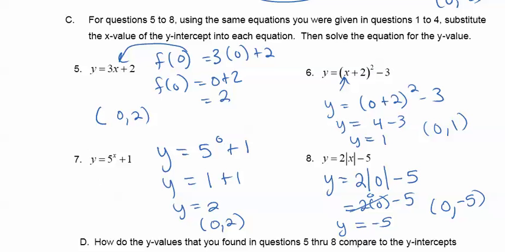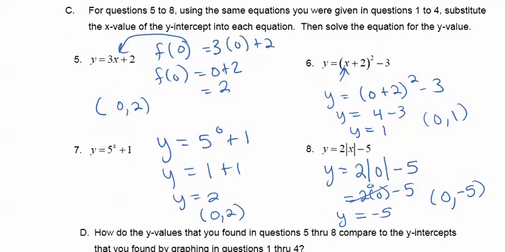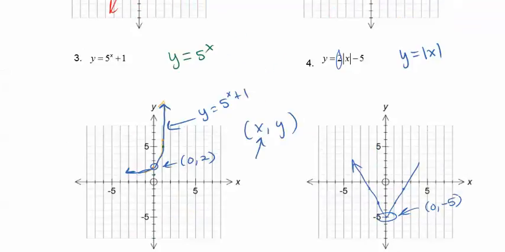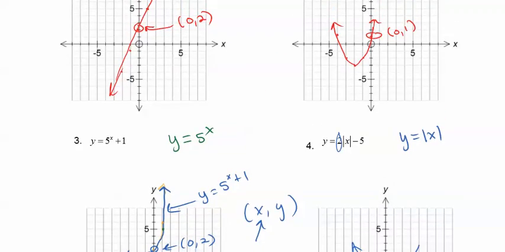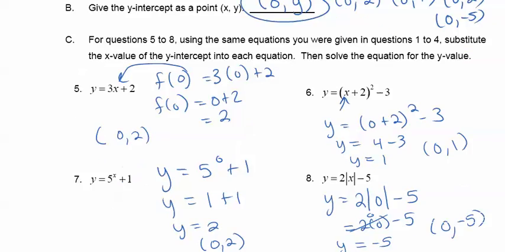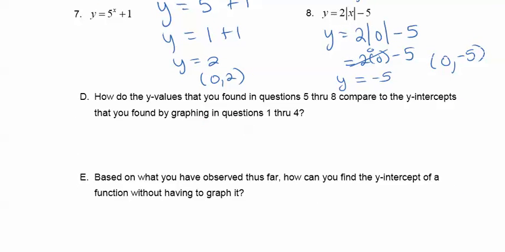All of these points that I just found by plugging in 0 are the same as the y-intercepts that I found here. So we can say that they are the same. The values that I found in 5 through 8 are the same as the values that I found in 1 through 4.